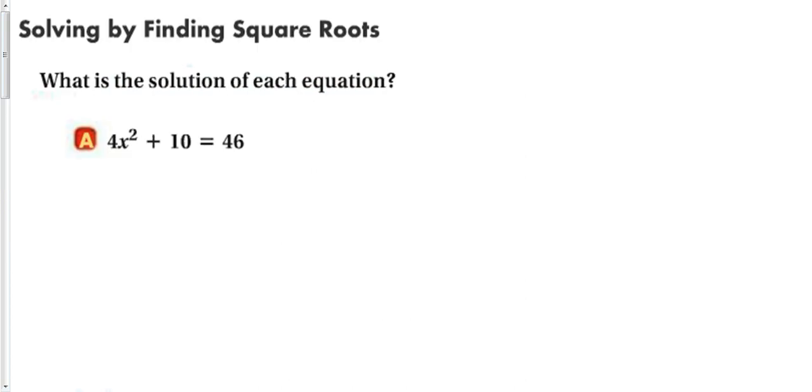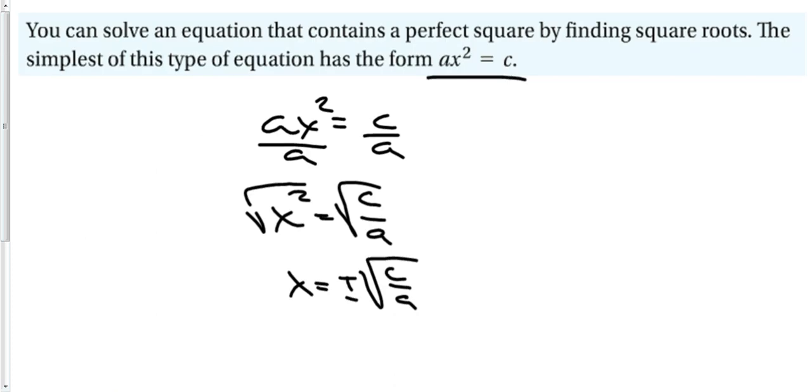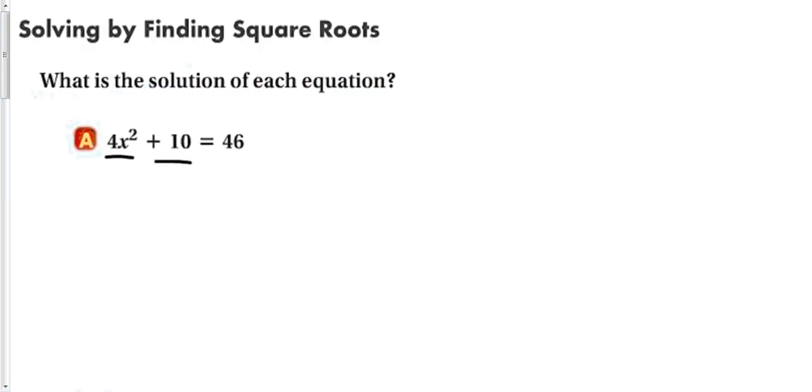Okay? So let's start by finding the solution to this equation right here. What you should notice is that I have an x squared term and then just a constant term. There's no x term. Just like back here, right? This form was ax squared. There was no b term. There is no x by itself. So in order to solve this, all you have to do is isolate x squared and then take the square root of both sides.